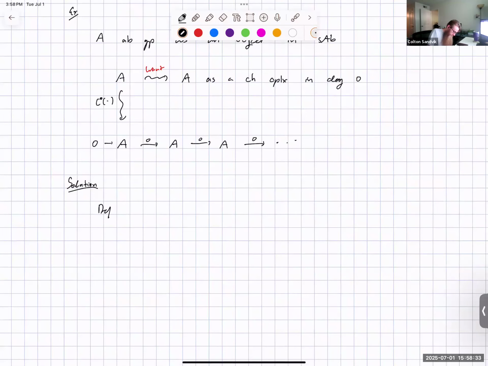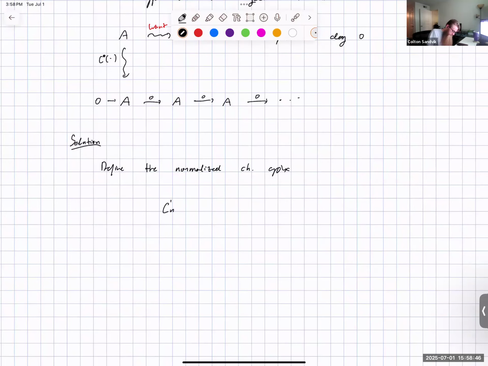So we're going to define the normalized chain complex. And we just need to specify what the simplices are. And it's just going to be the intersection of all these kernels of the base maps, A_i to A_{i-1}.